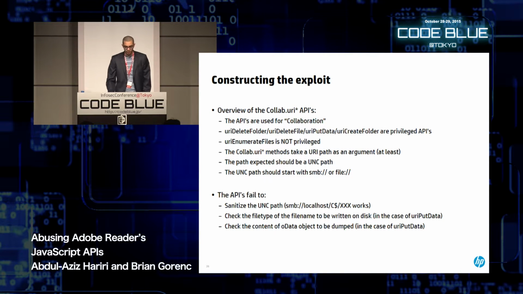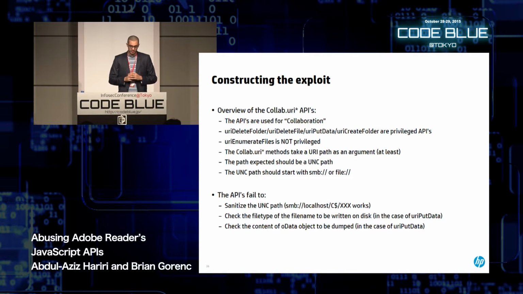All right, so now we have a set of APIs that basically allows us to do whatever we want on disk. As an overview, these APIs are used as part of the collaboration feature that Reader exposes, which allows you to share files, submit them for reviews and stuff like that.